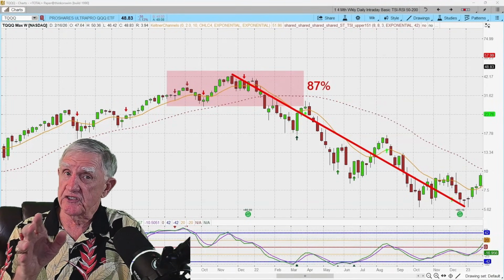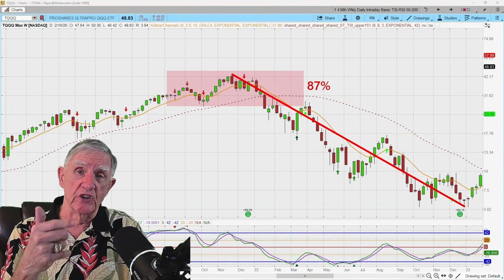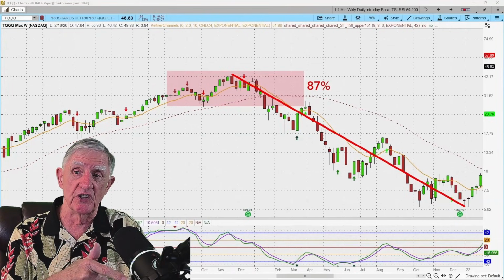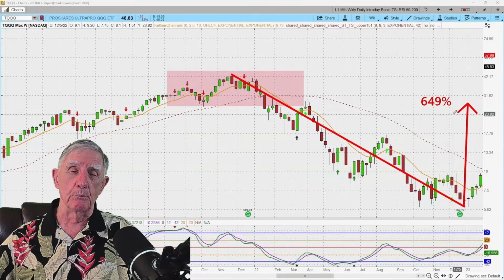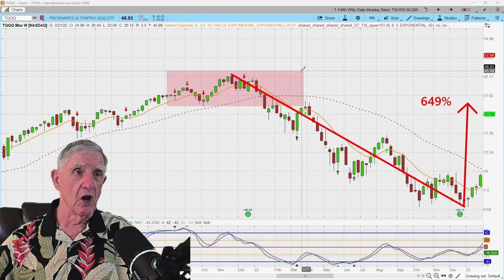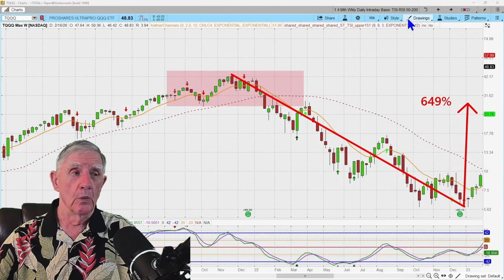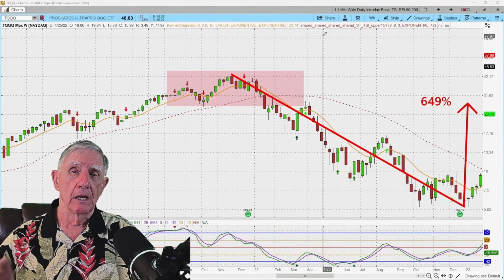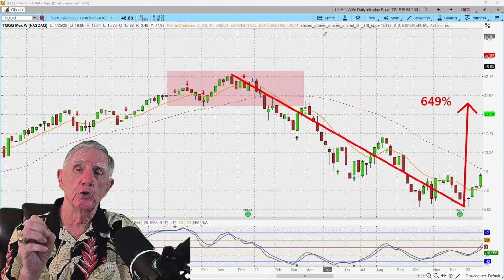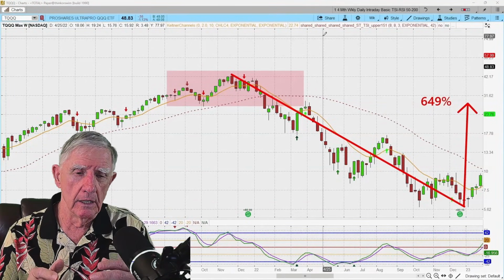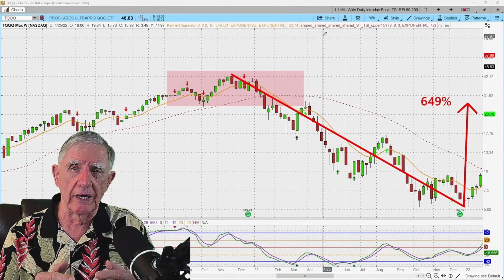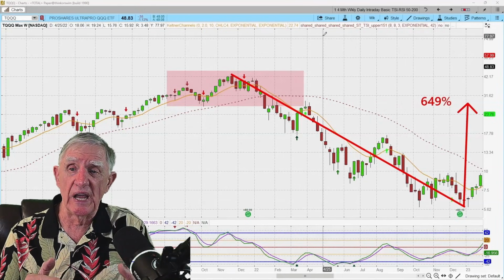You want to take a guess on how much was required to make up for that 87% fall? Because it was actually 649% to get all the way back up to this past high. How long did it take? It took almost 2 years, or maybe a little over 2 years, to make that back. And for anybody who's a buy and hold kind of guy, that is so painful.